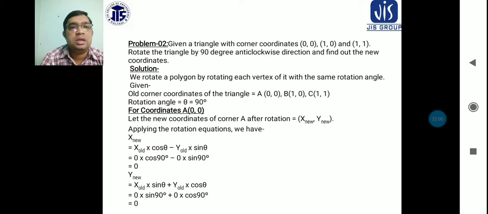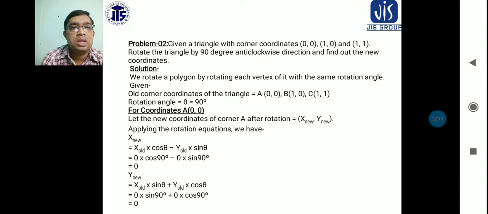Calculating the new coordinates for point A, which is (0, 0). Let the new coordinates of corner A after rotation be (x new, y new), with theta equal to 90 degrees.